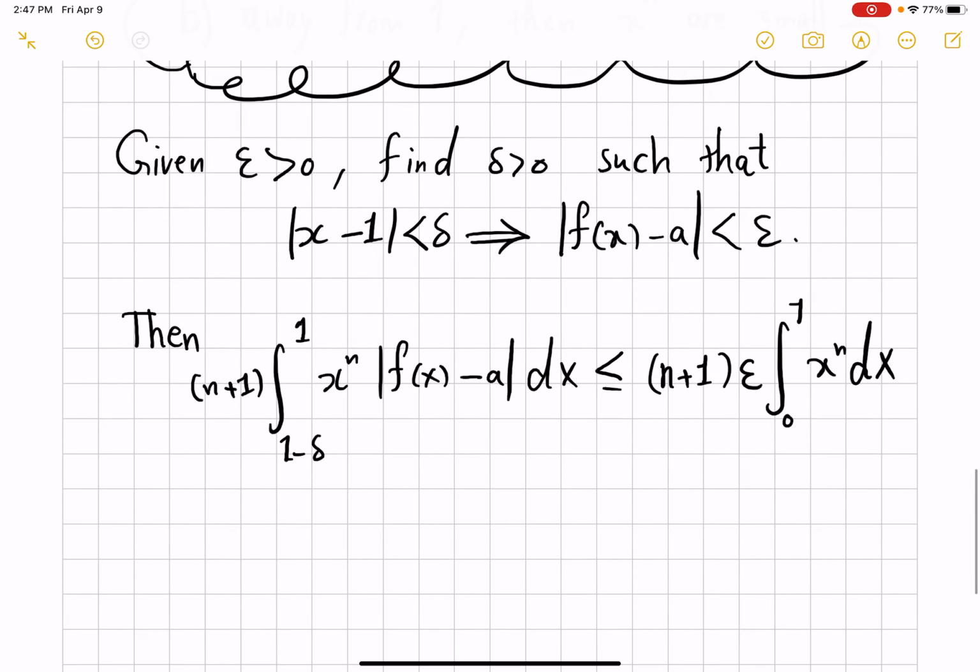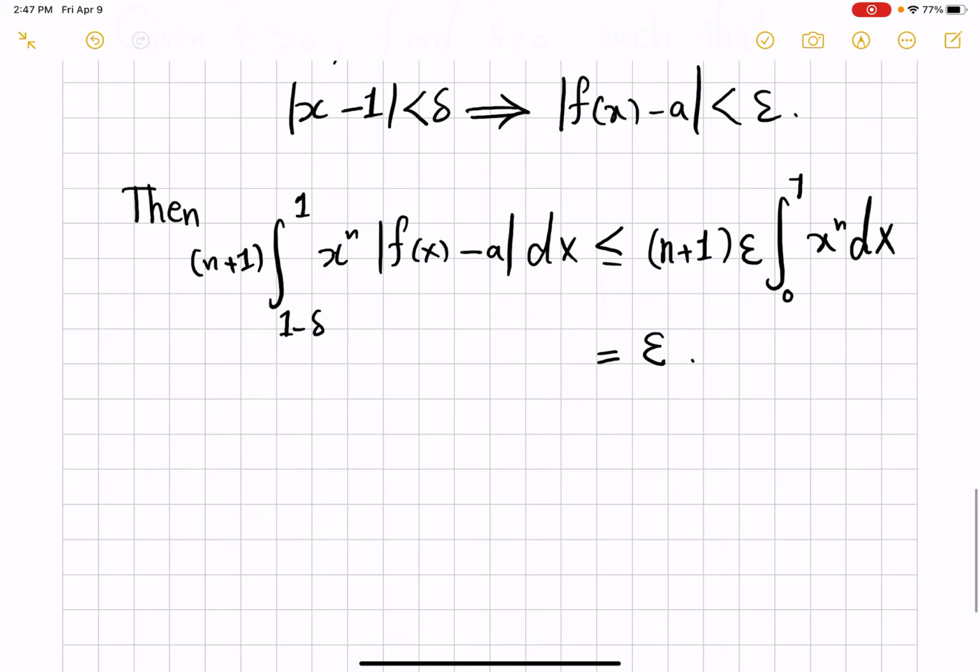And here I also replaced 1 minus delta by 0, but it only increases the integral because I'm integrating a positive function. But that quantity is exactly equal to epsilon. So I showed that the part of the integral from 1 minus delta to 1 is less than epsilon. Now we need to deal with the rest of the integral.